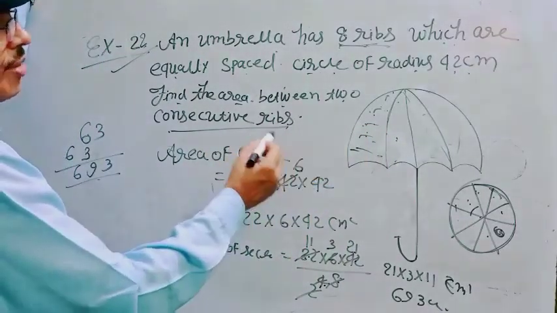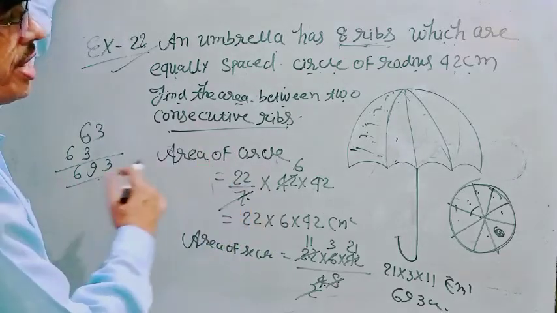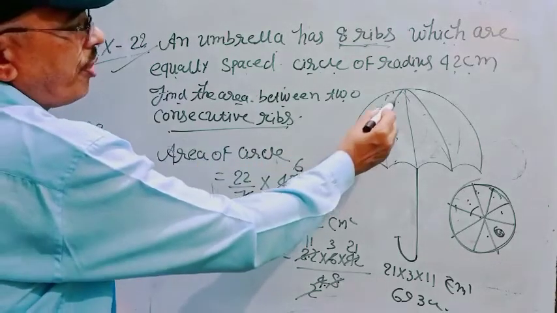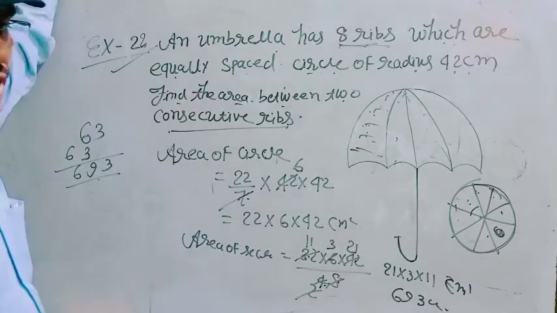The umbrella is in the form of a circle, and your question is the area of the sector formed by two ribs. That means it is divided by 8, then you can get the area of the sector.